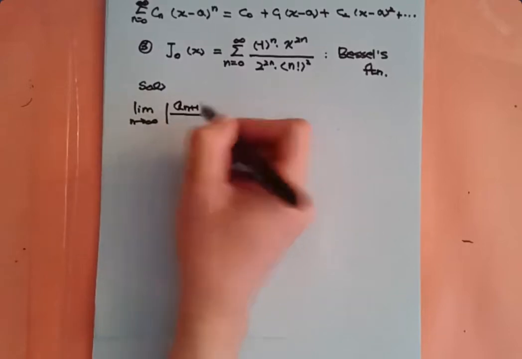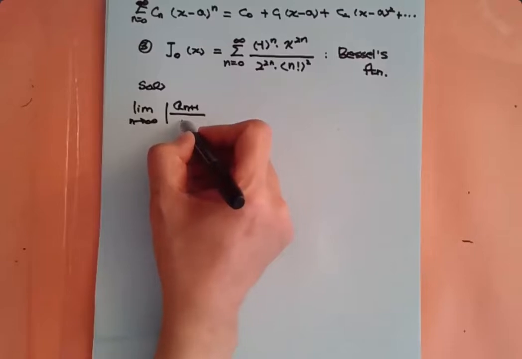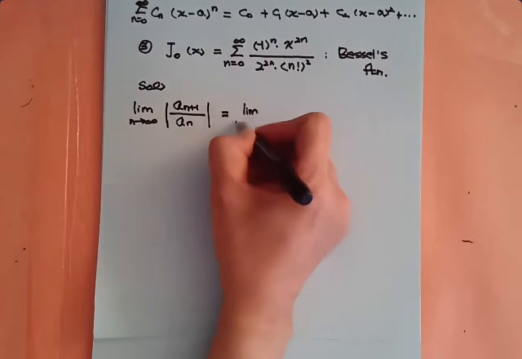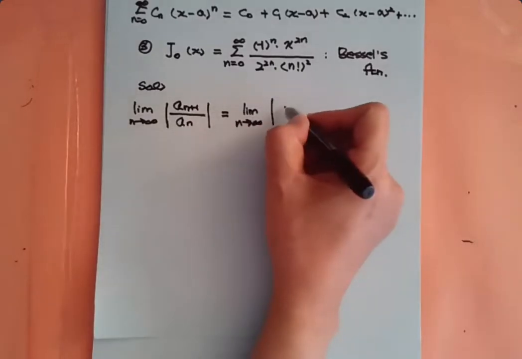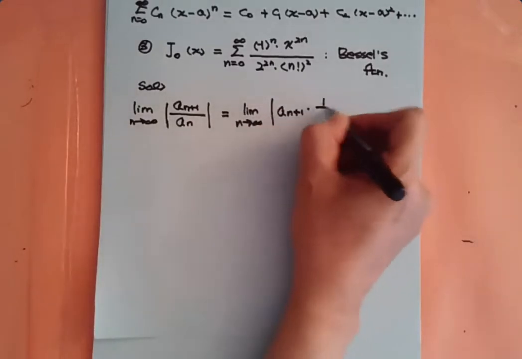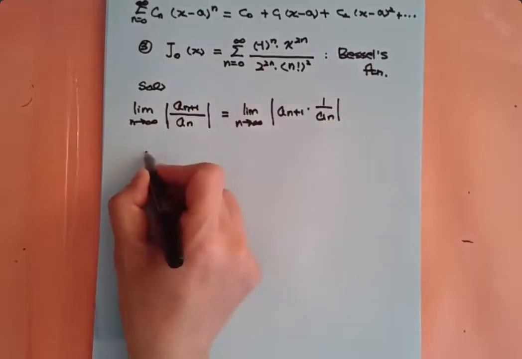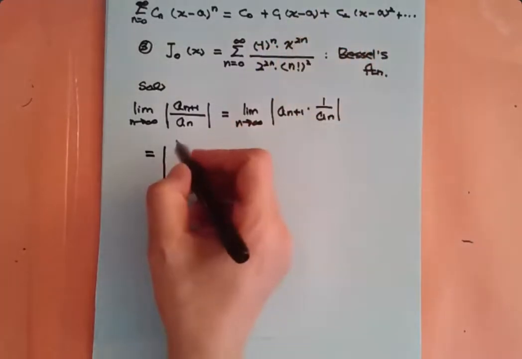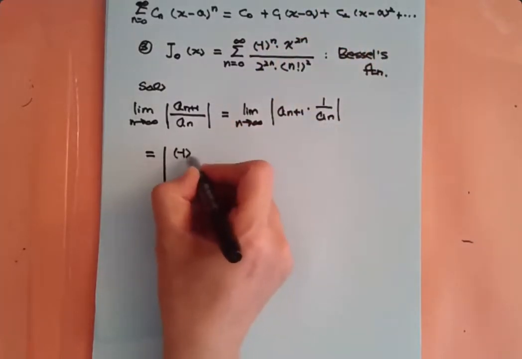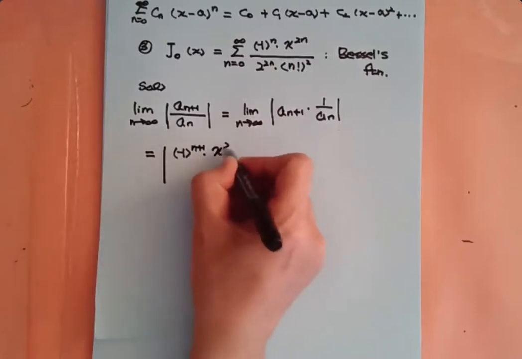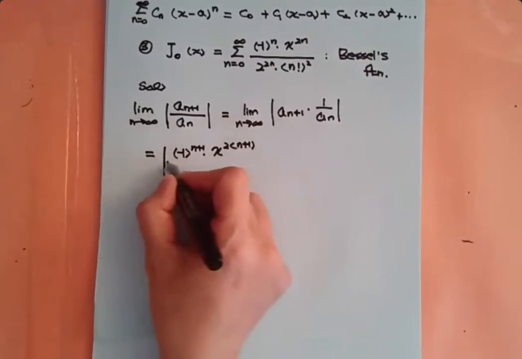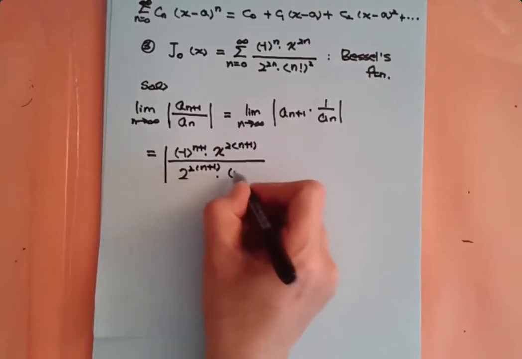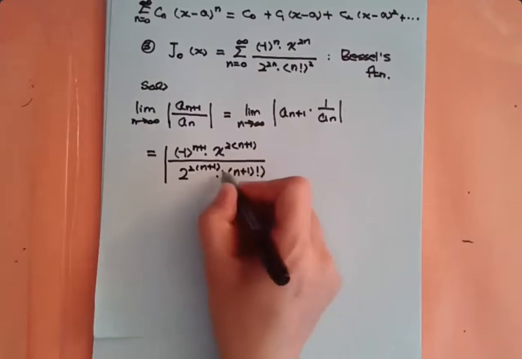The ratio test goes like the limit as n goes to infinity of a(n+1) over a(n), which equals the limit as n goes to infinity of a(n+1) times 1 over a(n). So we plug in n plus 1 for n: (minus 1) to the n plus 1 times x to the 2 times (n plus 1) power over 2 to the 2(n plus 1) power times (n plus 1) factorial squared.